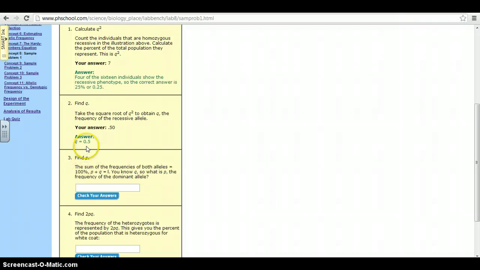So if 0.5, or half of my alleles, are recessive, then half of my alleles are dominant. So I can plug that into the equation p plus q equals 1. 0.5 plus p equals 1. I can just use algebra to solve that. The frequency of the p allele should be 0.5.